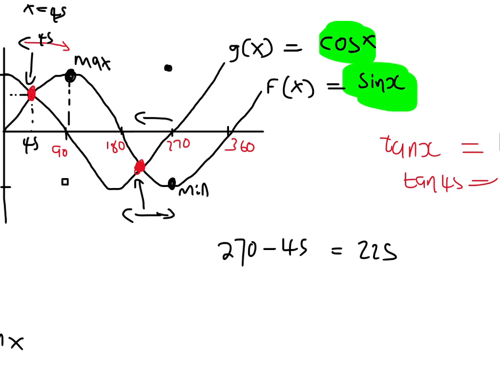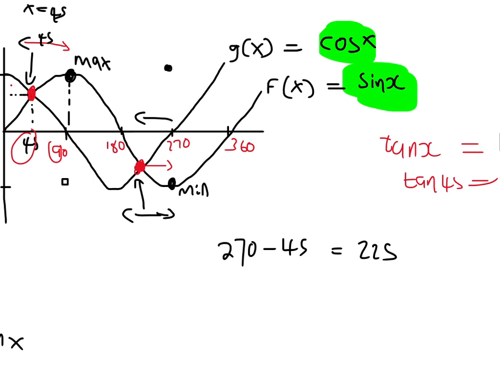So just to repeat, from this intersection to the maximum, we have moved 45 degrees. To move from 45 to 90, you have to move 45 degrees to the right, right? But now that we are below the graph, we are looking at the second intersection. To move from this intersection to the minimum, you must also move 45 degrees due to the symmetry of the graphs.